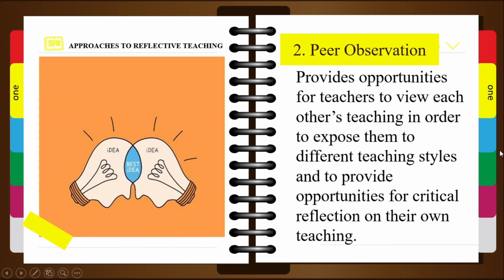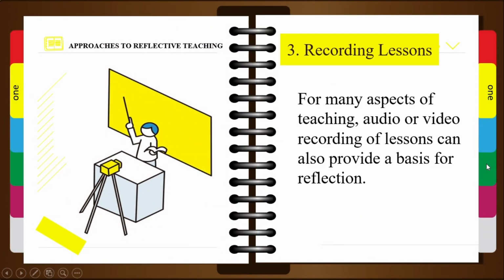Peer observation provides opportunities for teachers to view each other's teaching in order to expose them to different teaching styles and to provide opportunities for critical reflection on their own teaching. Recording lessons: for many aspects of teaching, audio or video recording of a lesson can also provide a basis for reflection.